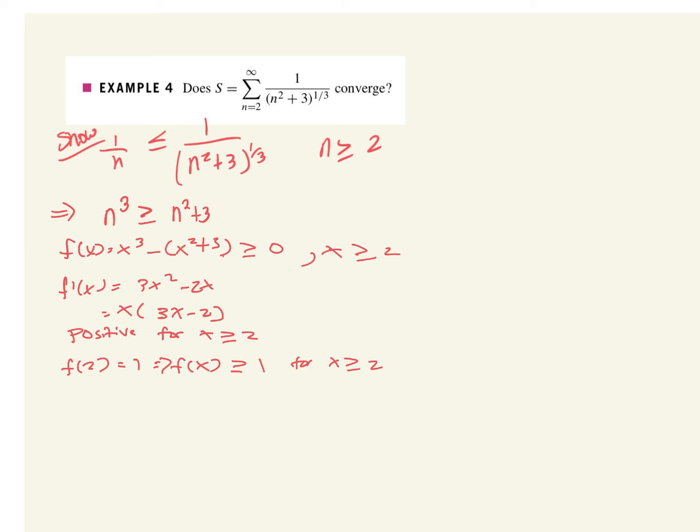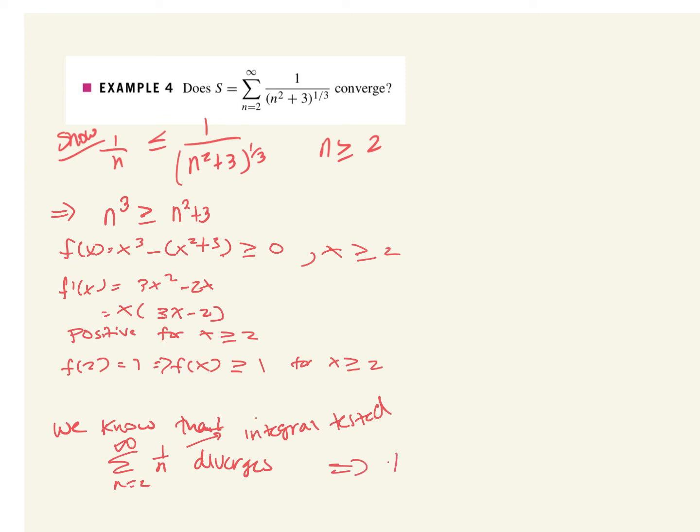Now, because I have a true inequality, we know that the series from n equals 2 to infinity of 1 over n diverges. We did that; that was the first example. We integral tested with this. So it's already proven. We're done. Therefore, the larger series also diverges.